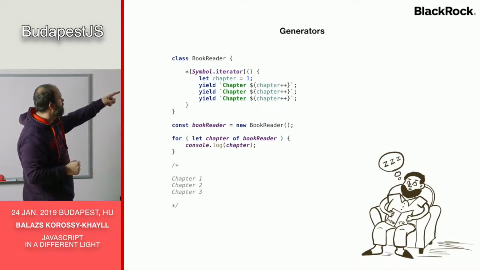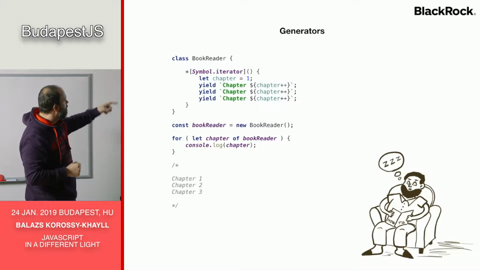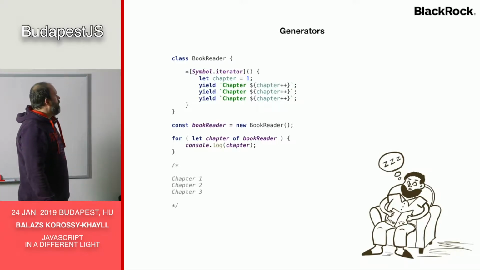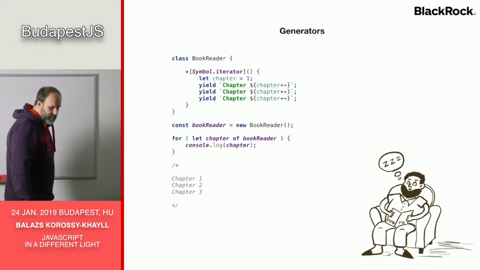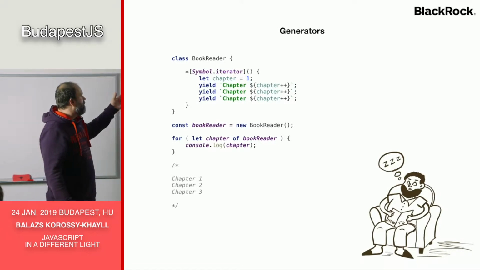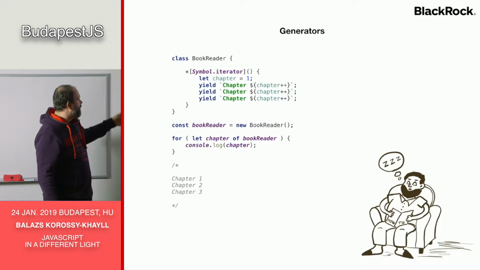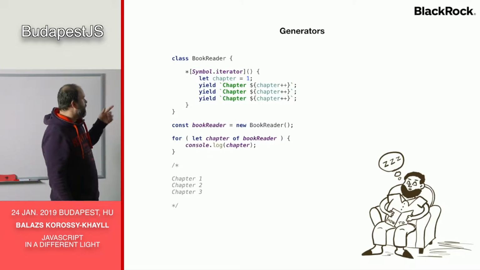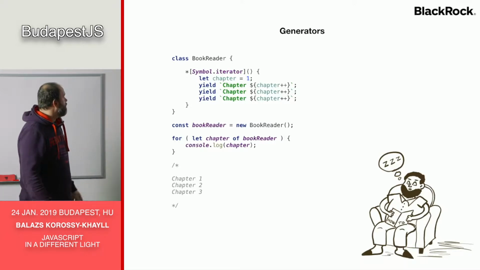As you can see, I'm incrementing the chapter value, and this will be the output. Obviously, this is just an example, so it's not generic enough. I have hard-coded 3 chapters here, but I could do much better than that if I want to use that in a real-life situation.